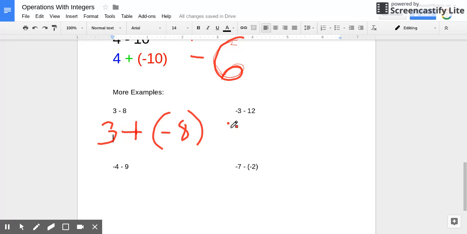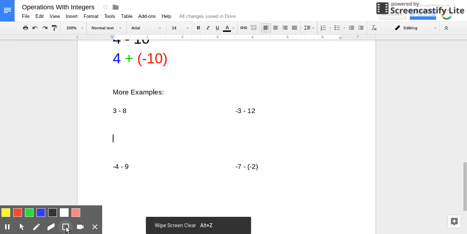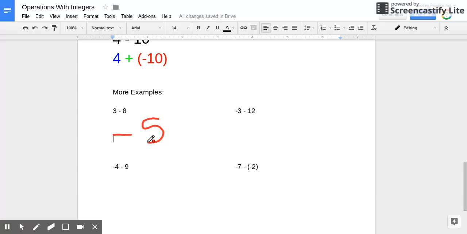So we have a positive 3 and a negative 8. We're going to add. So that tells us to subtract the two numbers. 8 minus 3 is 5, and it's bigger with the negative, so it becomes a negative 5. So we're going to just put a negative 5 here, if that works for you guys.